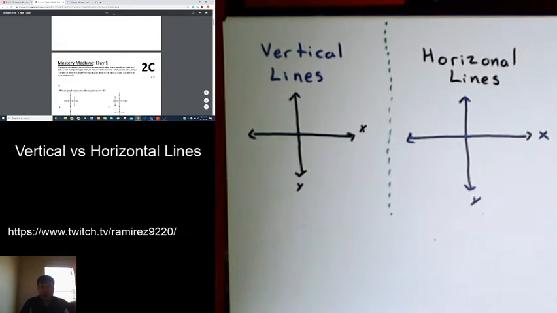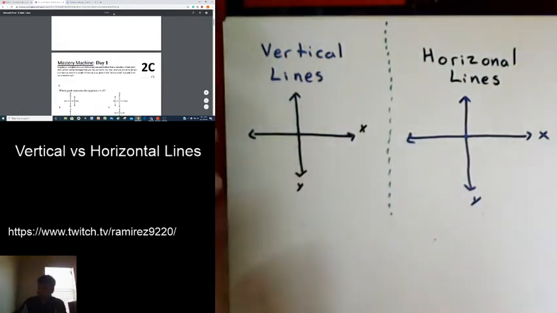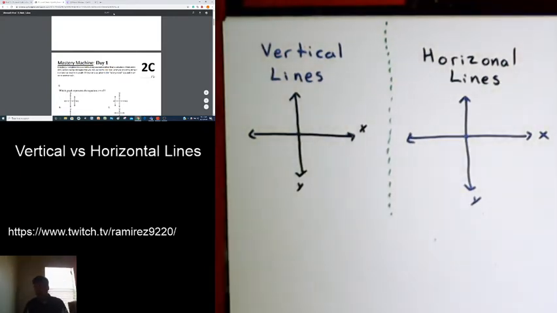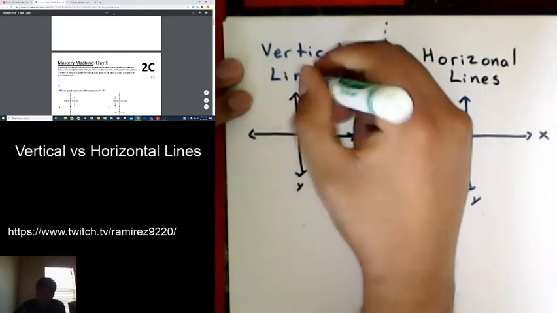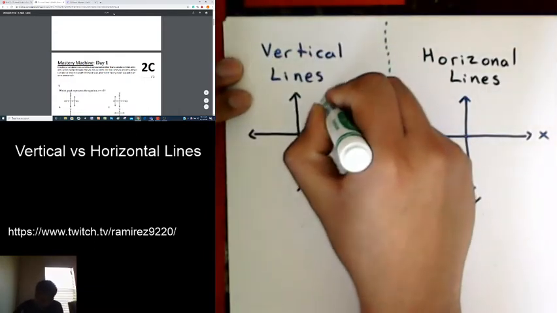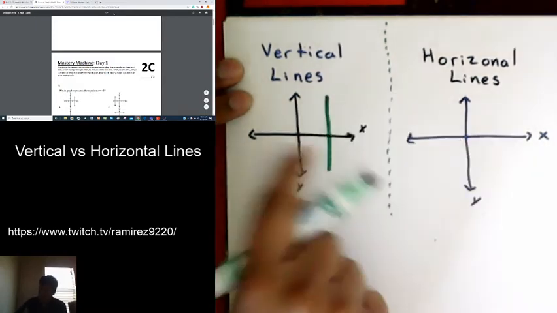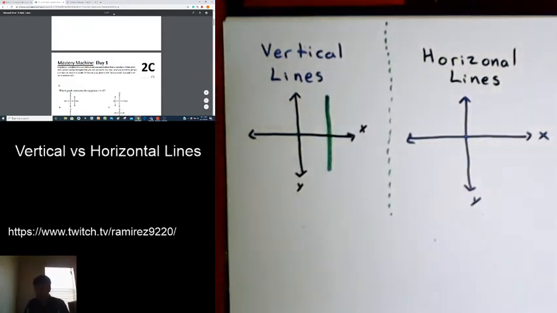So starting off here, a vertical line obviously is a line that goes up and down, just like your y-axis. I'm going to go ahead and draw another one here. I'm just going to draw this line right here. I'm going to let that be my vertical line.